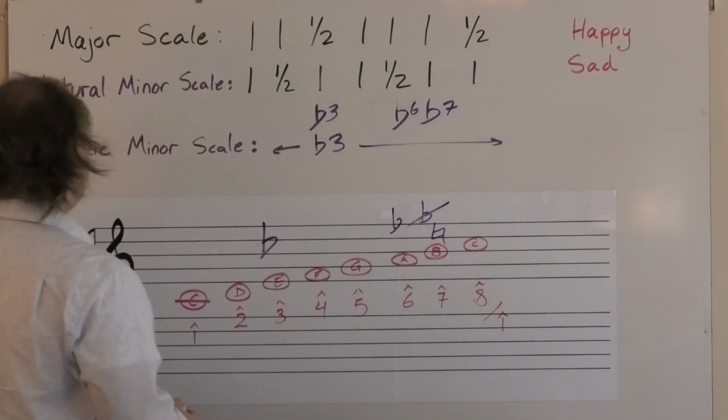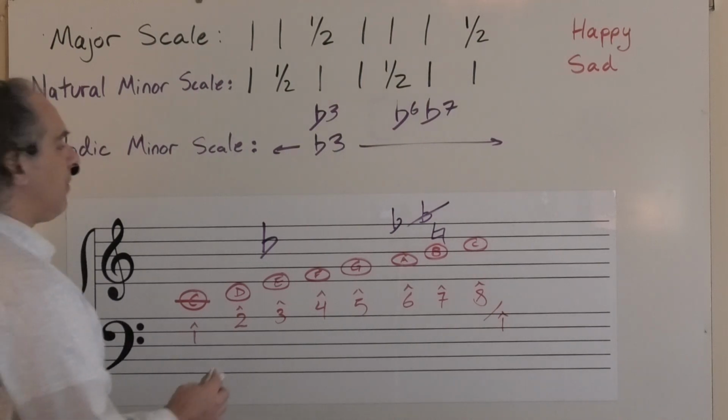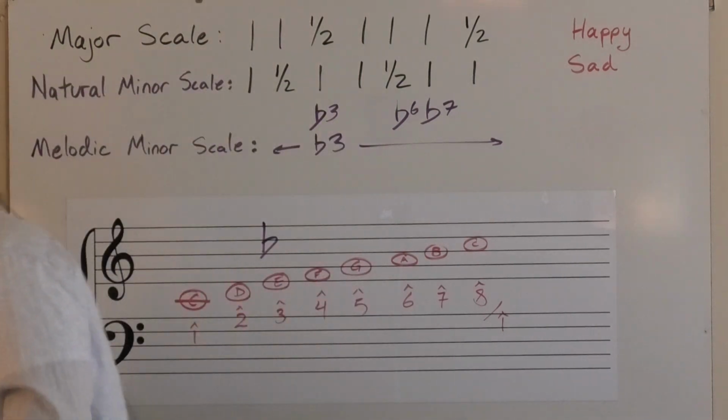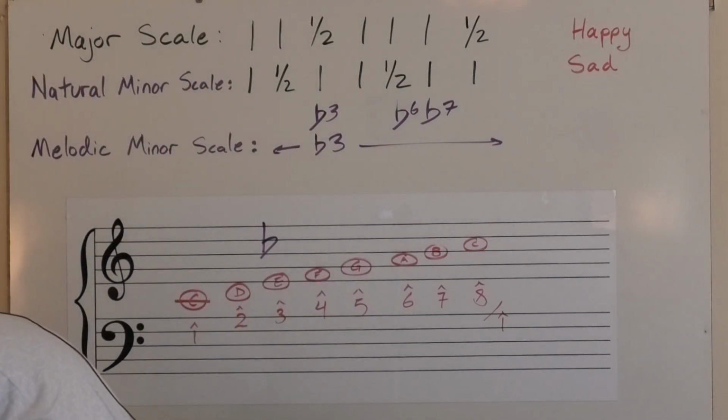And so composers would go in between the natural and melodic scale. They might start off a phrase in the natural minor, and then they'll go to the melodic minor.